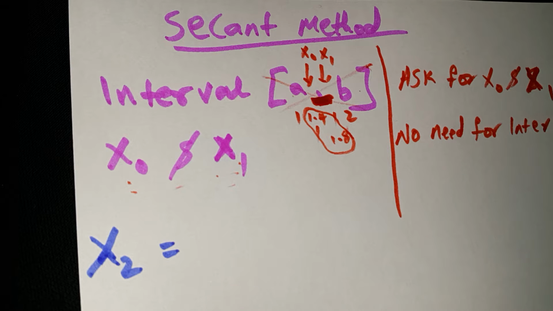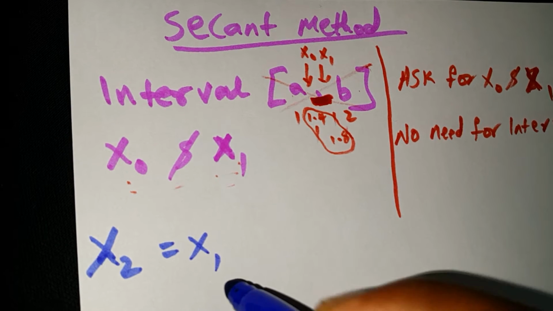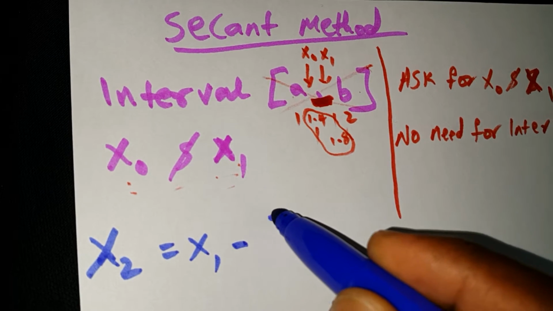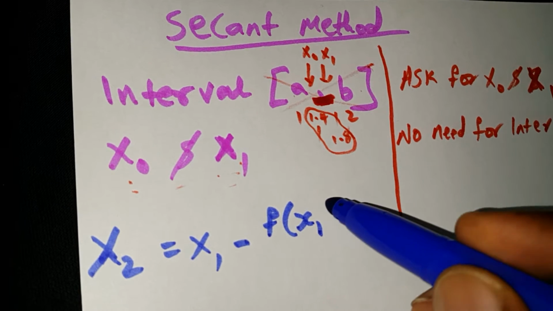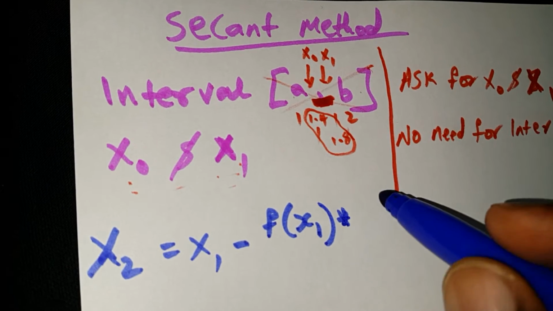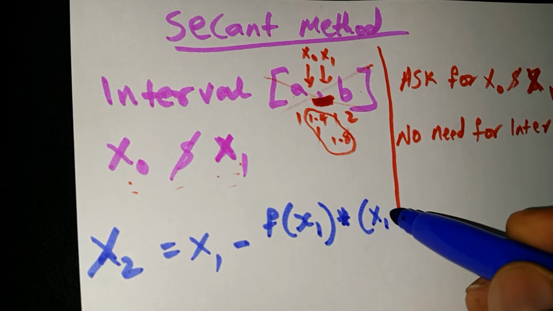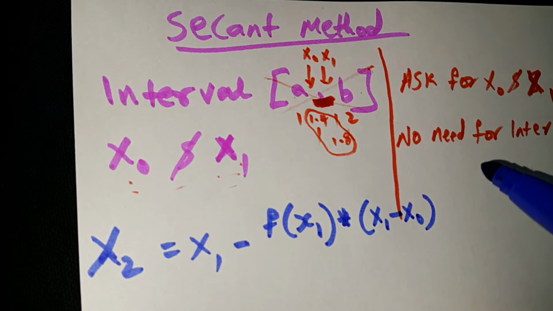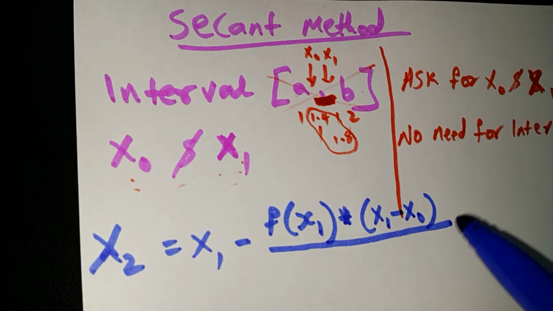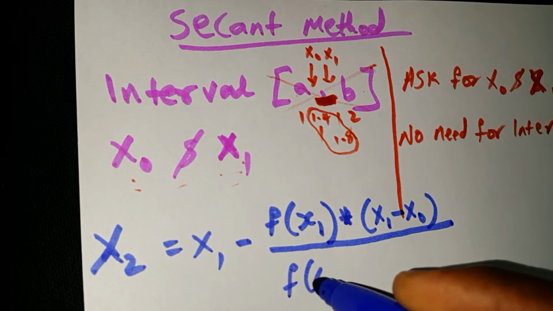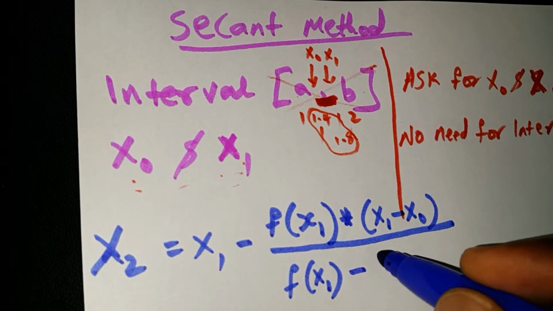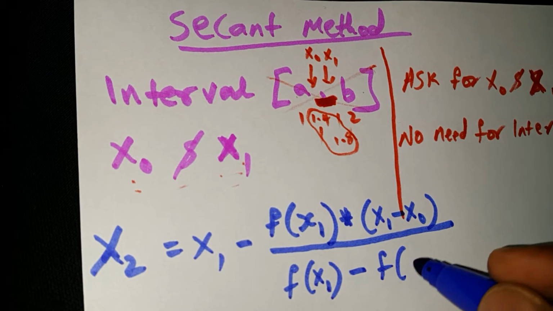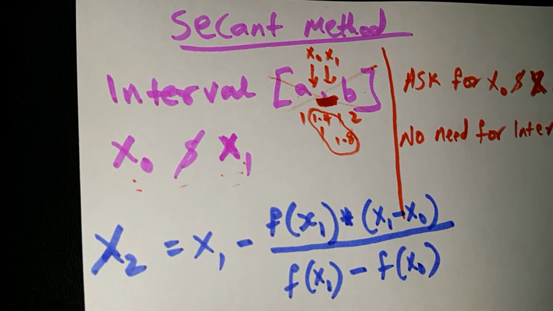And what is our formula for x2? x2 is equal to x1 minus f of x1, multiplied by x1 minus x0, all over f of x1 minus f of x0.